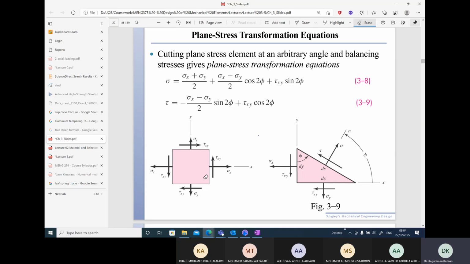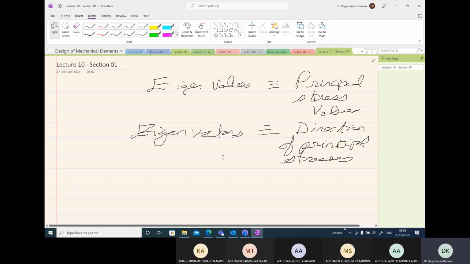First let's suppose that x and y are the axes in the original coordinate system, and let's now imagine a new direction at an angle theta in the anticlockwise direction with respect to x-axis, the new axes. And if you assume the new axes are x prime and y prime, I draw it here.